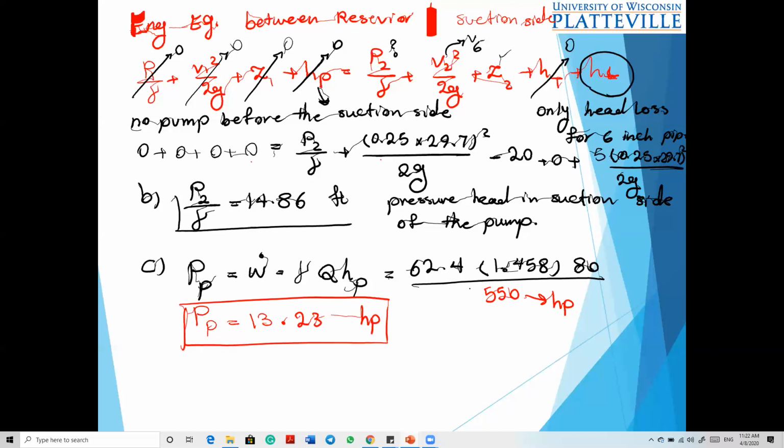How do we find the power for the jet? It's the same equation. So power for the jet is gamma Q and head for jet.